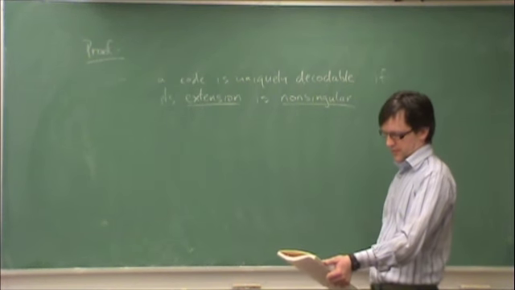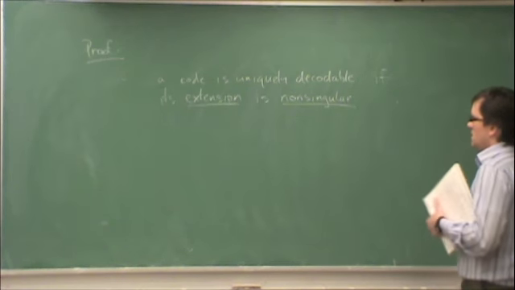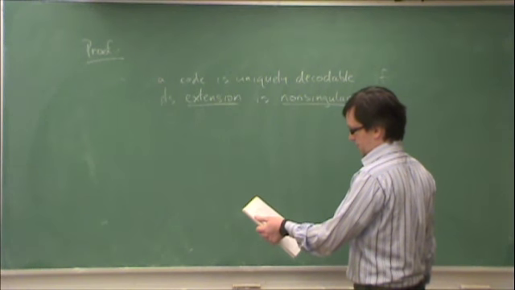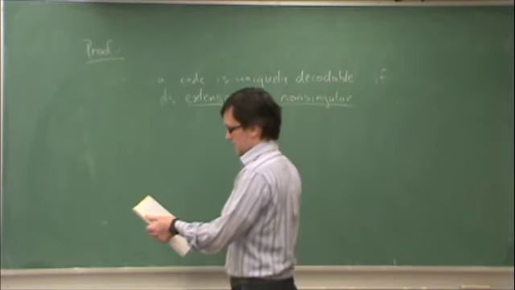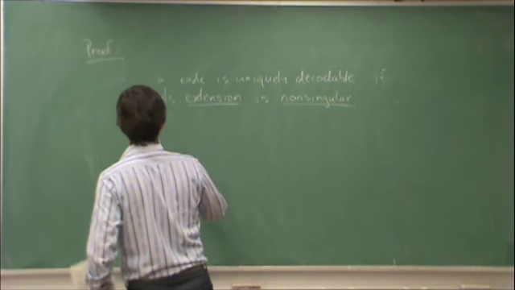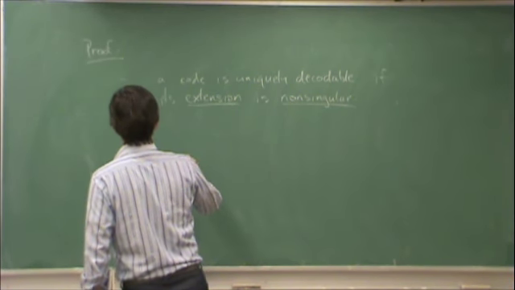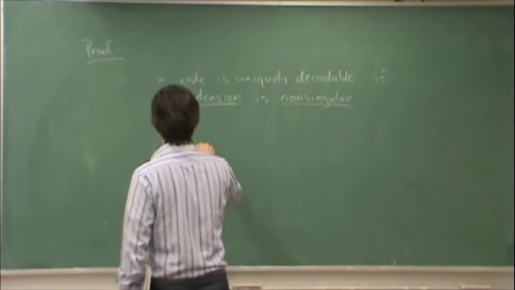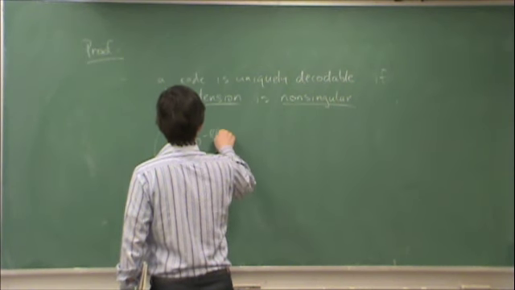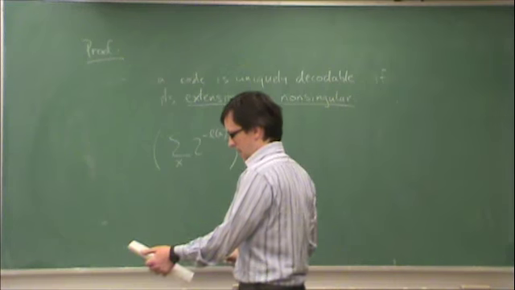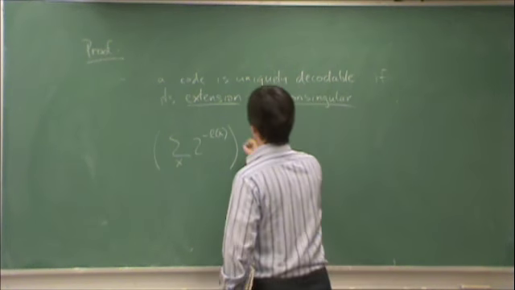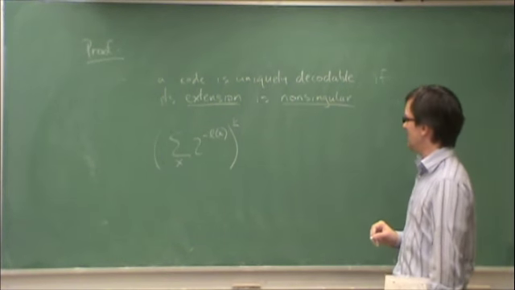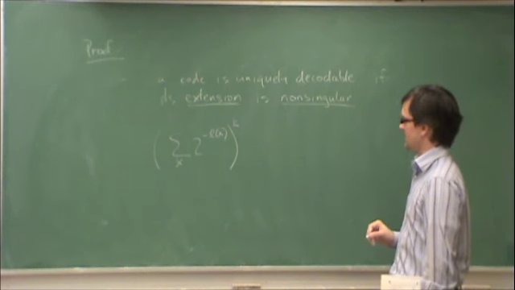Okay, so to start dealing with this, let's look at taking the Kraft inequality expression and we'll raise it to the kth power. So this will lead to something like the kth extension of the code.